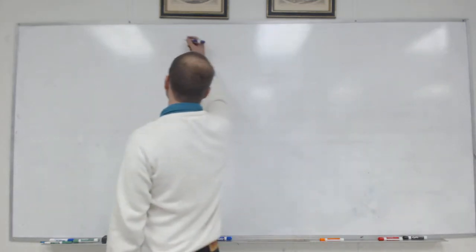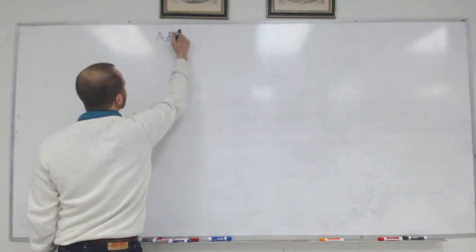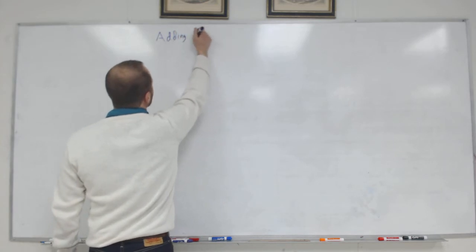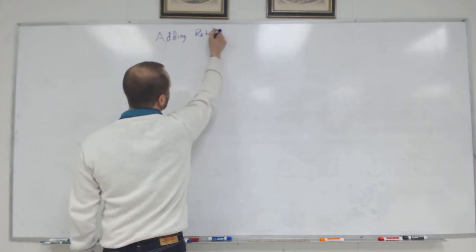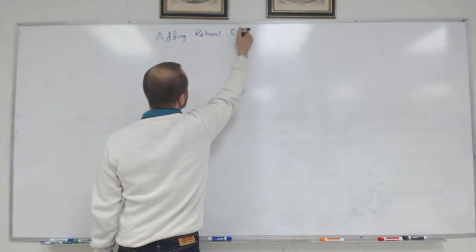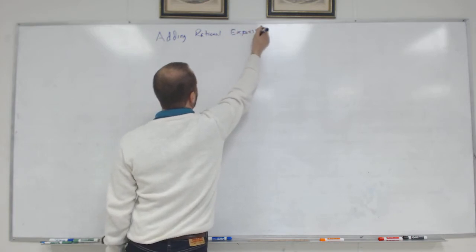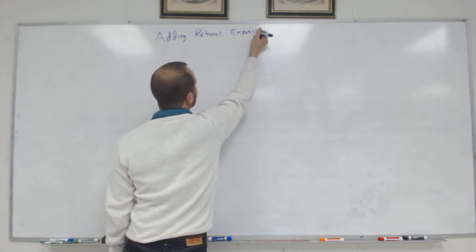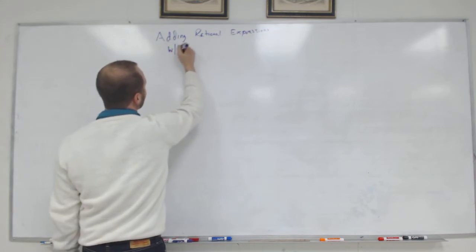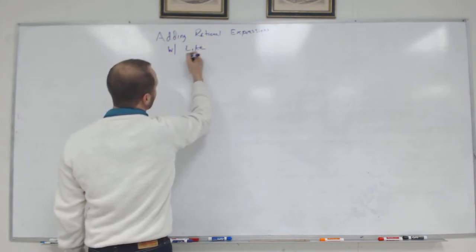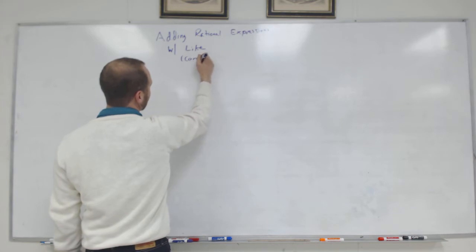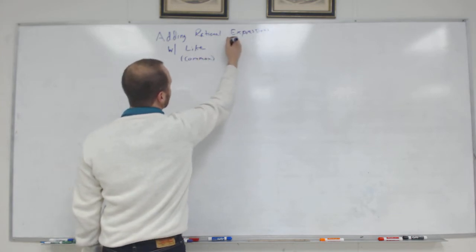So this is called adding rational expressions. And we're going to focus on adding rational expressions today with like, or sometimes instead of like, people will say common denominators.